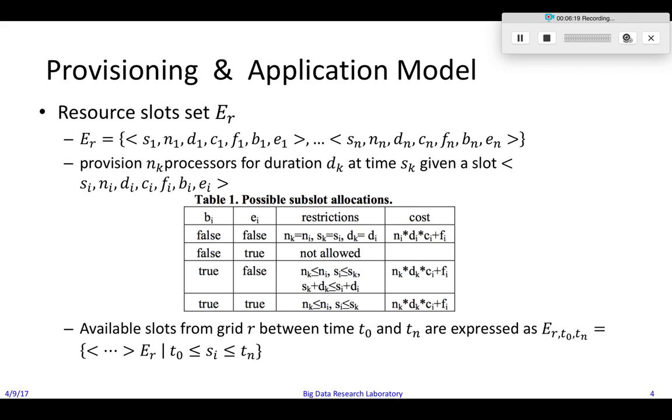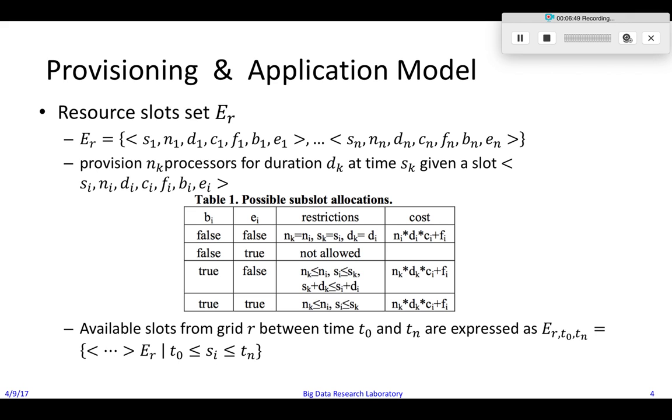So if we want to provision nk processors for duration dk at the start time sk given a slot, we actually have 4 possibilities based on the 2 indicators, b and e.